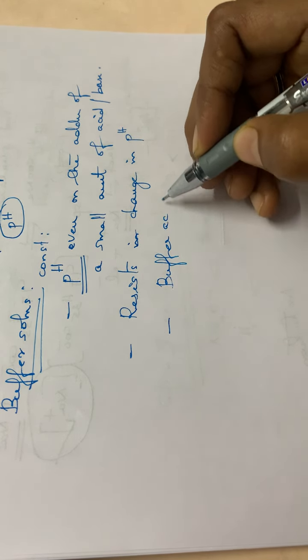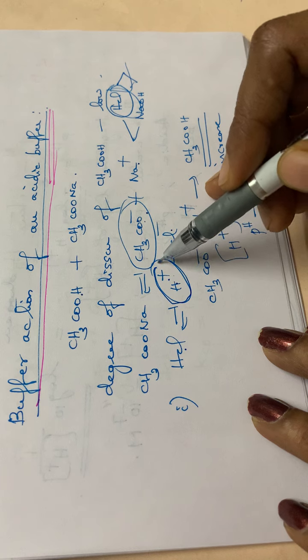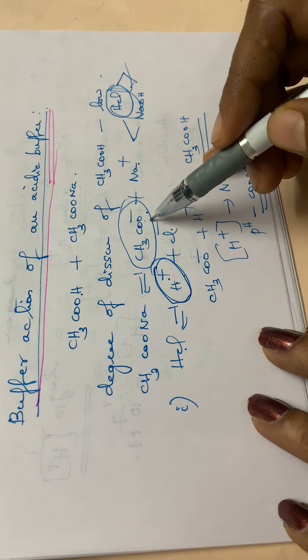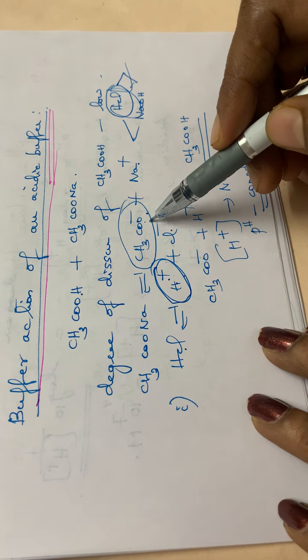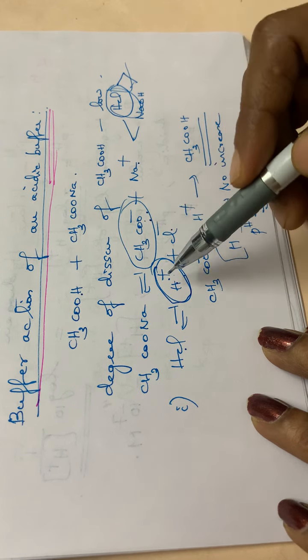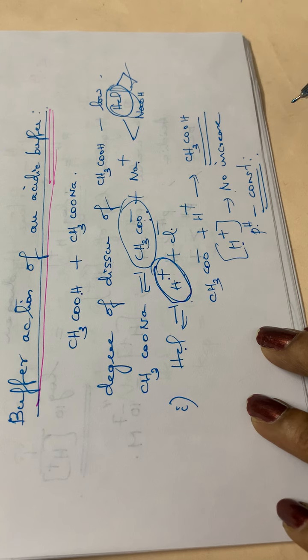Sodium acetate will be ionizing as CH3COO minus and Na plus. To this we add a very small amount of HCl, which will be completely ionized to give H plus and Cl minus. The ionized H plus ions will be abstracted by the CH3COO minus, so there is no increase in the H plus ion concentration. Therefore the pH will remain constant. So this is the buffer action of an acidic buffer.